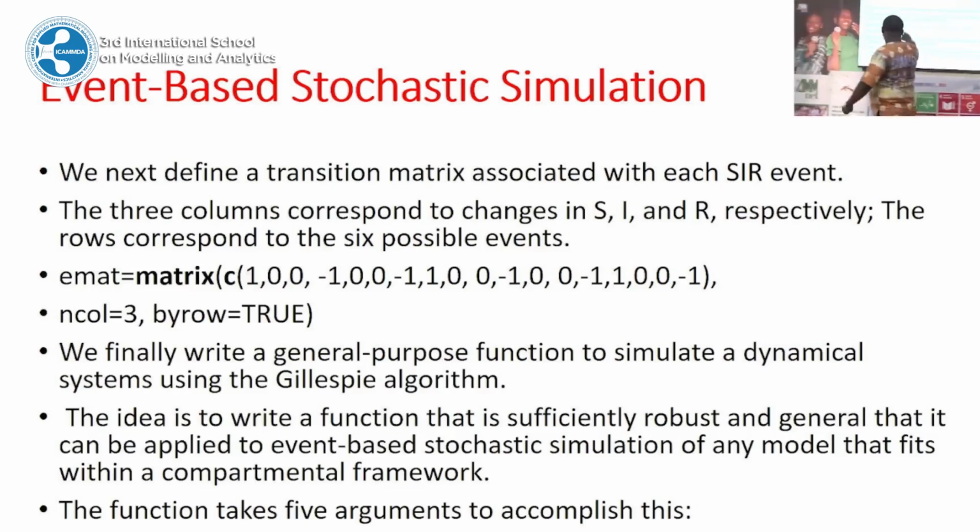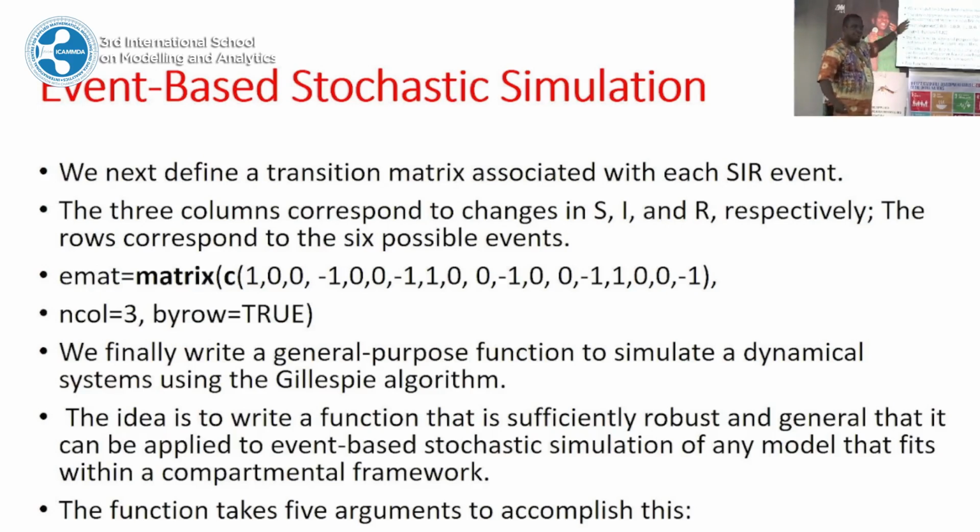So we have 1, 0, 0. The 1 represents the birth, which is coming into S, and the others are 0. The next one is for the second event: you have -1, 0, 0. Nothing is coming for the others. Then you have -1, 1, 0, for the transmission. Then you have -1, 0, 0.